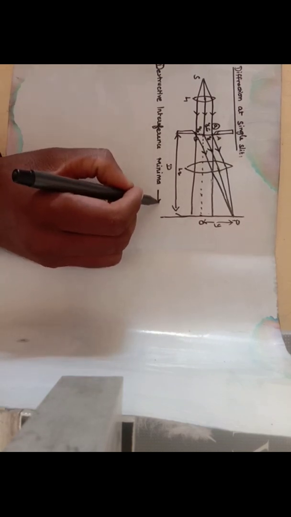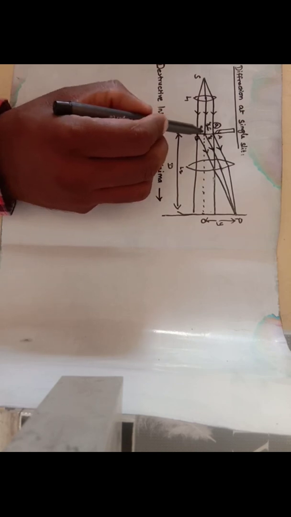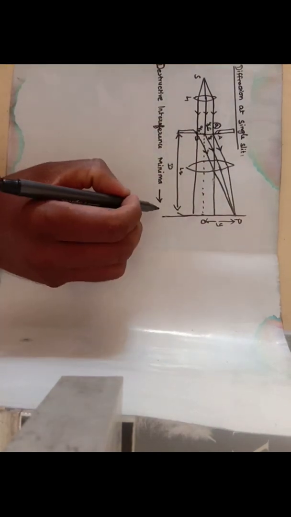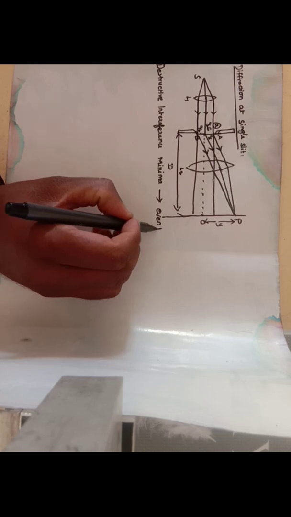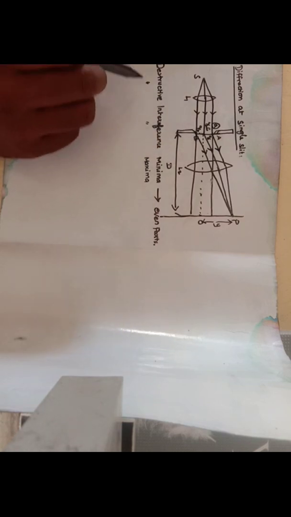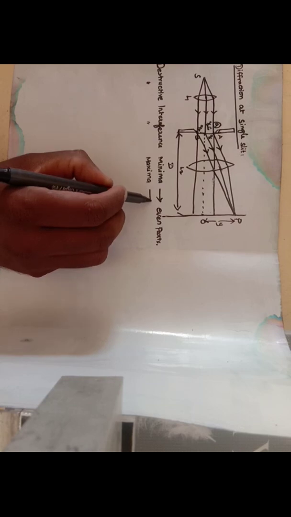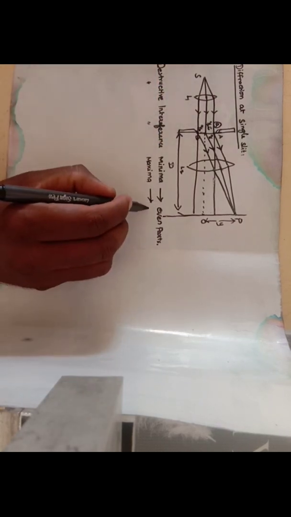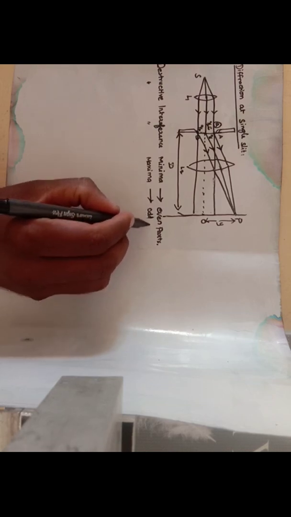For minima, the width of the slit is divided into even parts. For maxima, we need to divide the width of the slit into an odd number of parts.